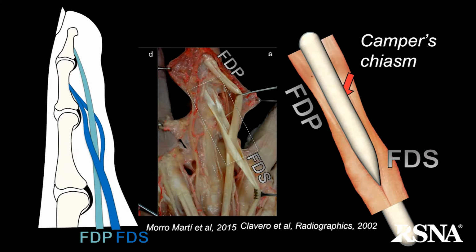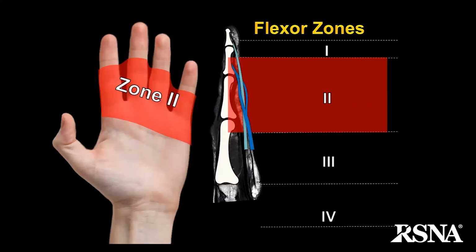And another critical portion to include in your MRI assessment is the zonal anatomy of the flexor tendons. We talk about the famous no man's land, or zone 2. And why is that? What is so special? It is because this includes that critical and fairly large segment of the flexor tendons going from the insertion of the flexor digitorum superficialis to the distal palmar fold.